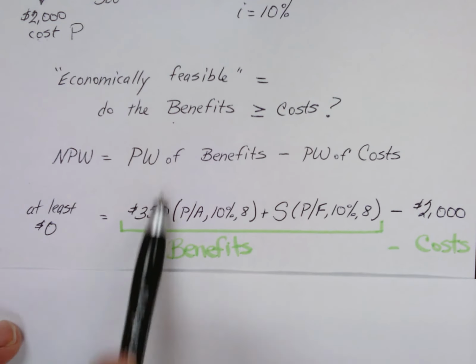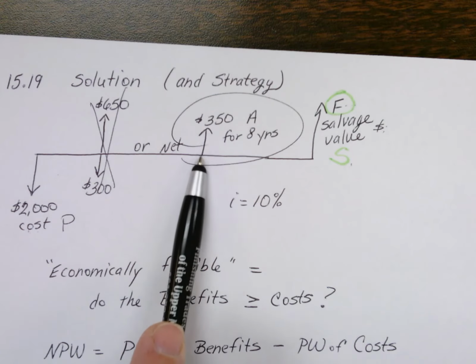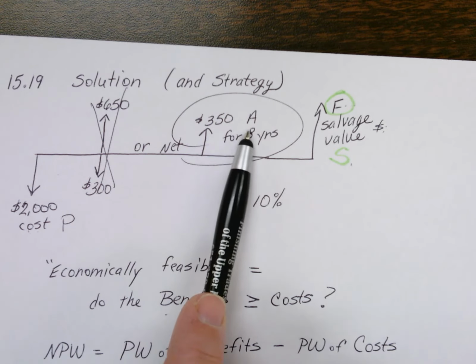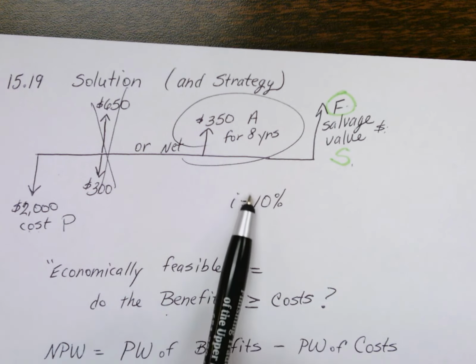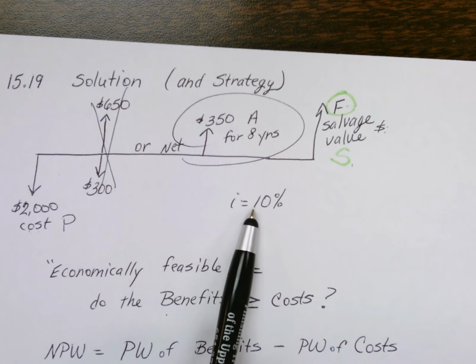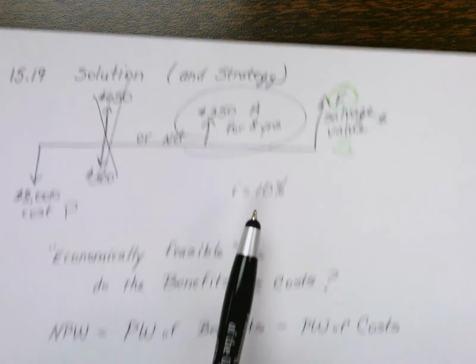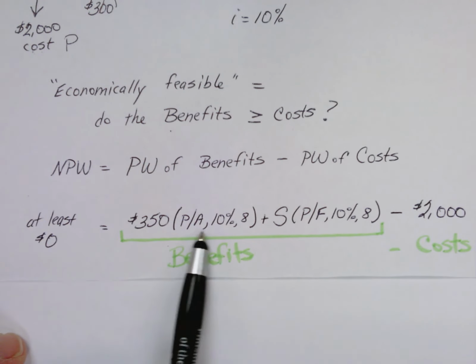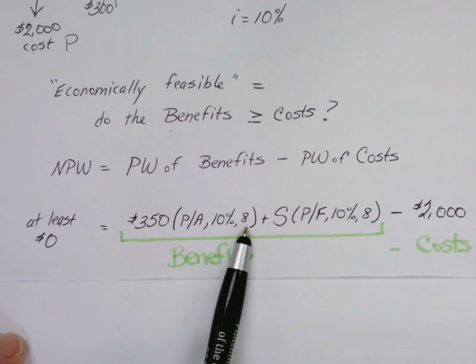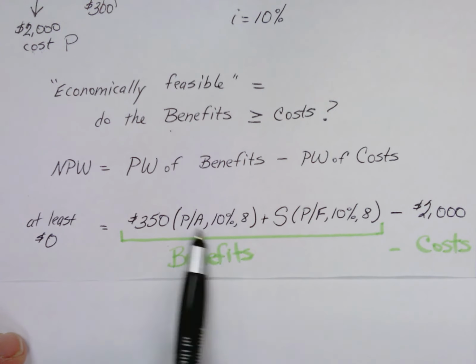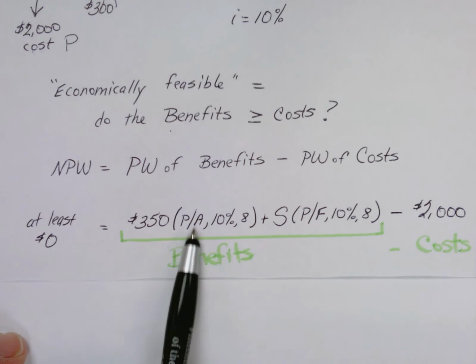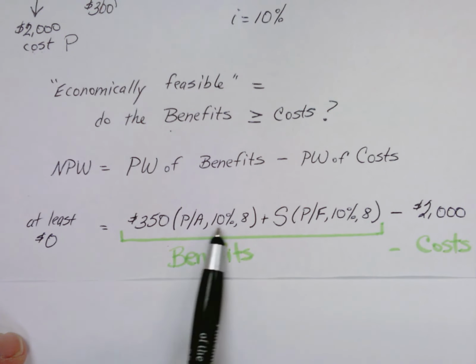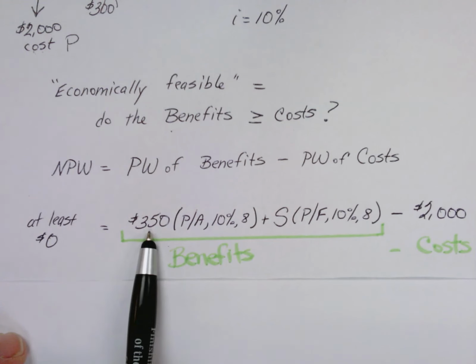So here, one of our benefits is $350 annuity that happens for 8 years. A growth rate, interest rate, discount rate, all means the same thing, of 10%. So $350 is the amount of the annuity. Find P, given A, 10%, 8 years. So we'll go to the interest rate tables, the 10% table, and find that factor in the PA column on the 8-year line, find that factor, and multiply it by the amount of our annuity, $350.